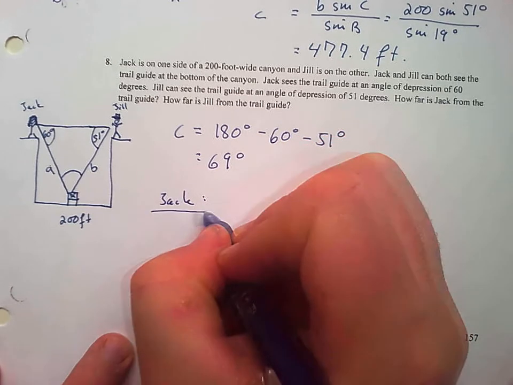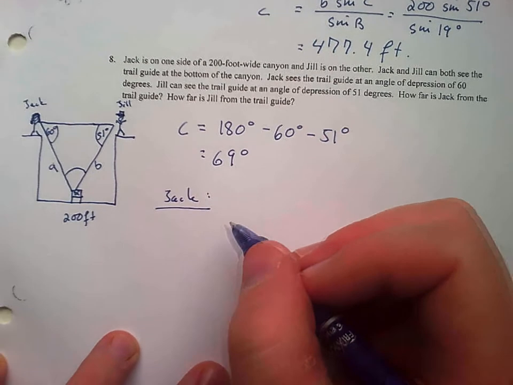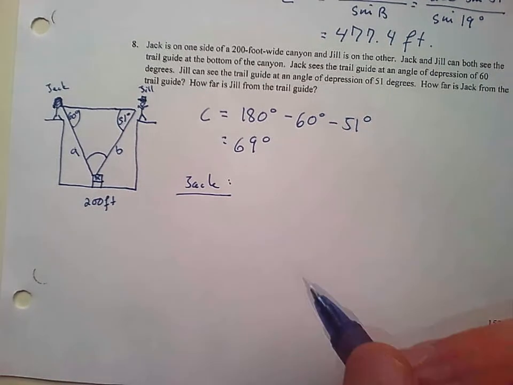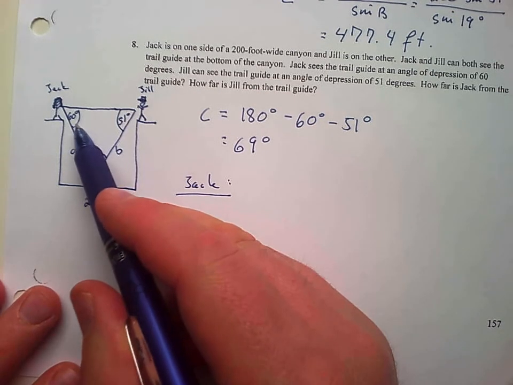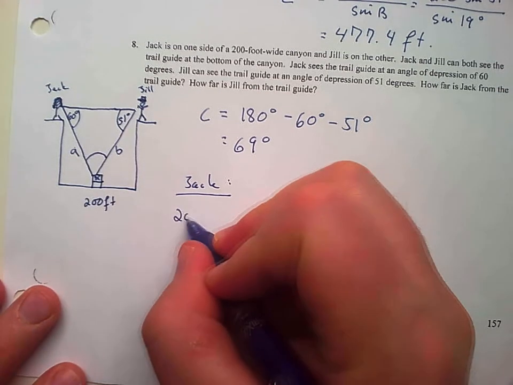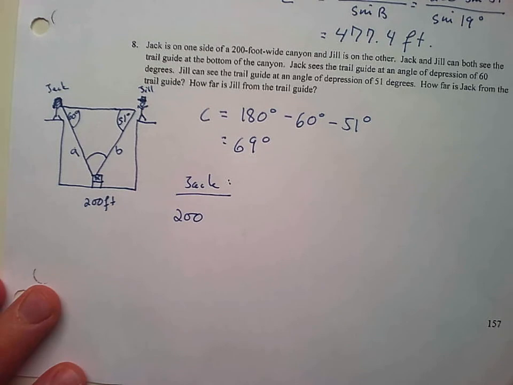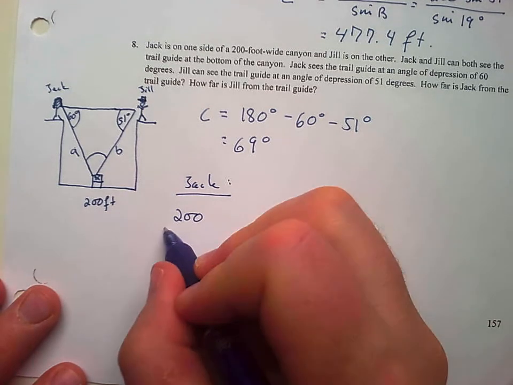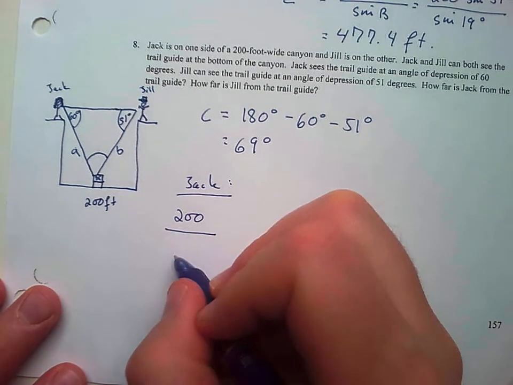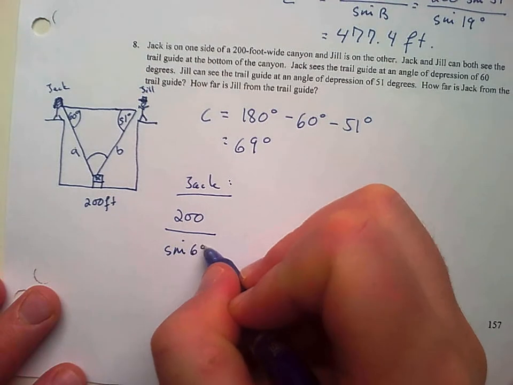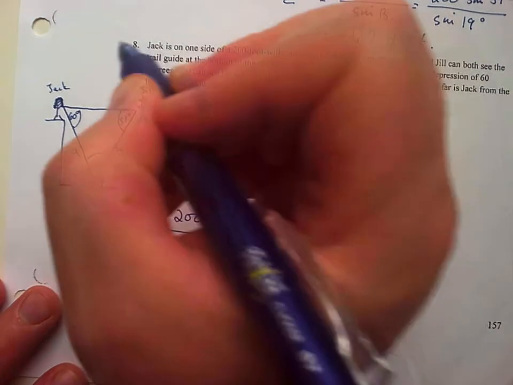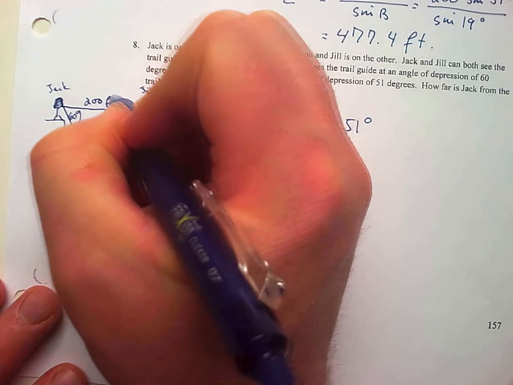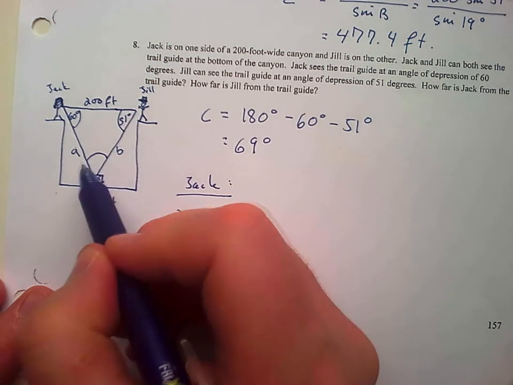For Jack now, we'll have 200 over the sine of 69 degrees. Since this right here is 200 feet, we know that this over here is 200 feet as well.